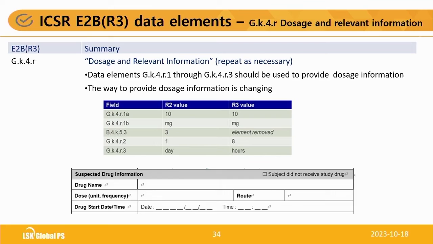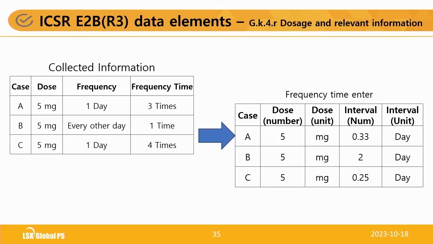However, in R3, we don't go by 3 doses a day. We actually mark it to say that the doses are taken every 8 hours. So we divide 24 hours by 3 doses. And then we have to look at the frequency. For example, in case A, 5 milligrams were taken 3 times a day.